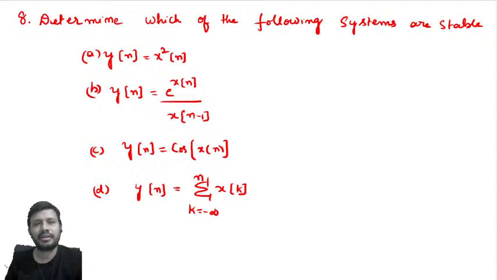All right, come on. Determine which of the following systems are stable. Simple question. A, B, C, D is given, which are stable. Come on, do it. Stability means bounded input must produce bounded output.